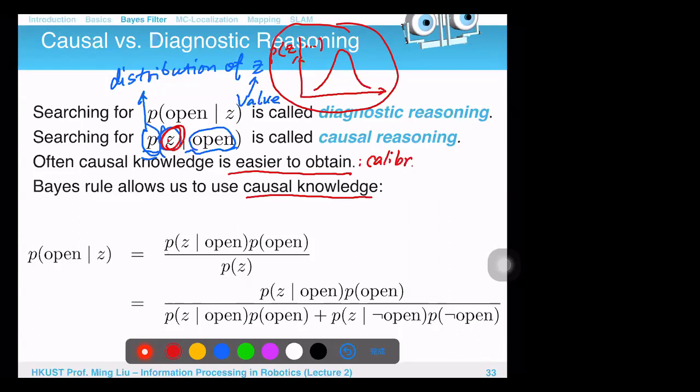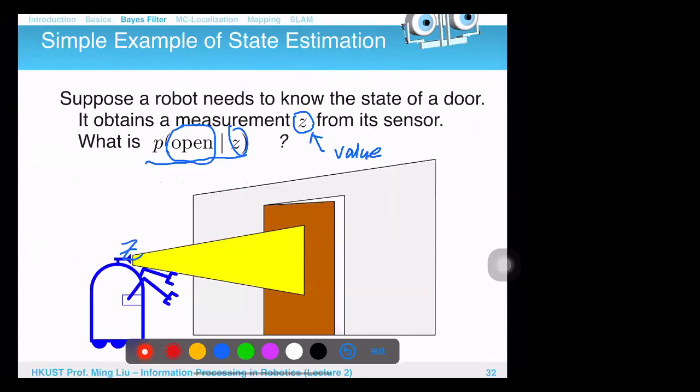And you know this part is easy to get with a good experiment. Experiment 100 times, 1,000 times. Right? Keep the door open at different angles or whatever, and we will let the robot see and collect the observation Z. And finally, we will have a distribution of Z. The distribution of Z can be, let's say Z is a value, maybe Gaussian distributed around 1.0.